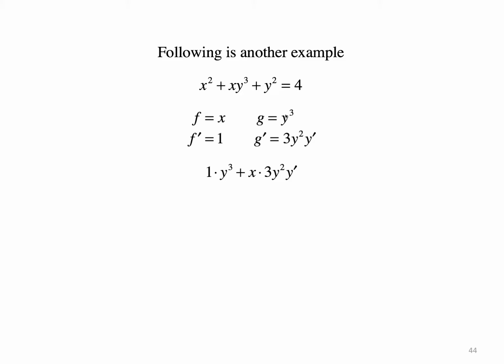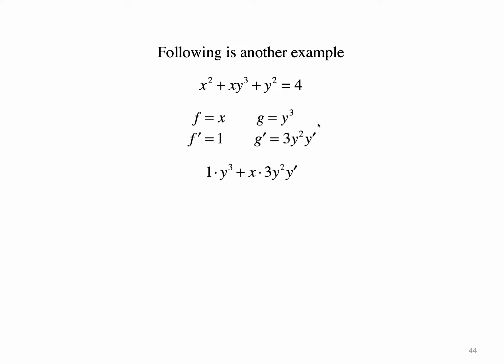We bring the 3 around front, subtract 1 from the 3, and we have 3y squared. But then because it's a y, we're actually treating it as a function, and so y is the inner function, and technically we're using the chain rule, so we differentiate it, and so that becomes y prime.